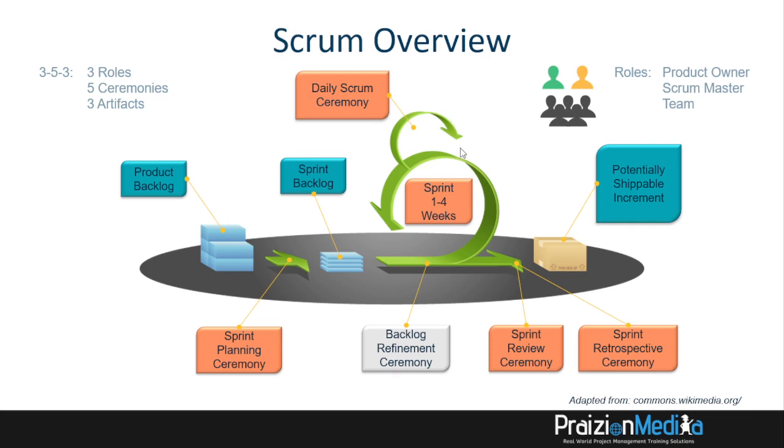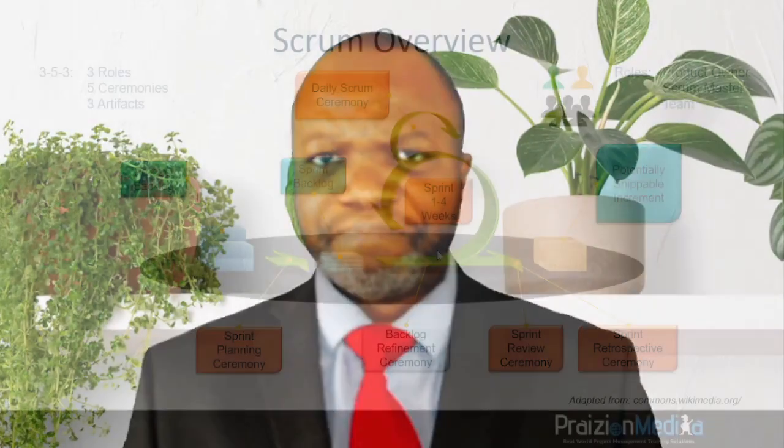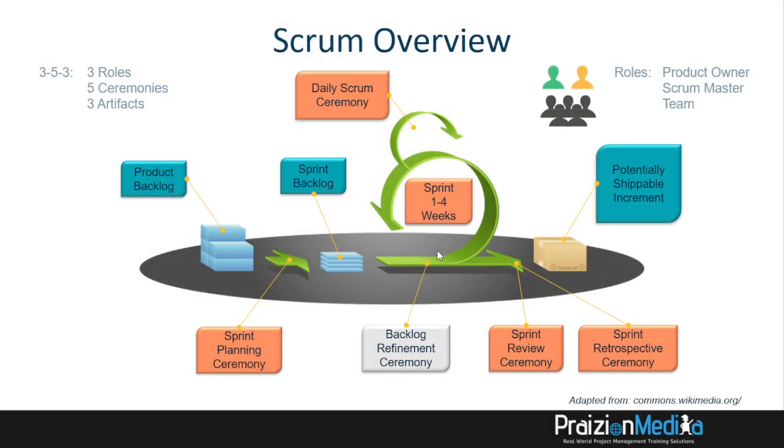There are 3 roles, there are 5 ceremonies, there's one unofficial ceremony, or we now call them events. And lastly, there are 3 artifacts: the roles, product owner, scrum master, and team; the events, the sprint planning, the daily scrum, sprint review, and the sprint retrospective; and the artifacts, the product backlog, the sprint backlog, and the increment.